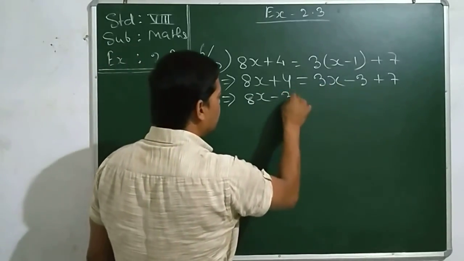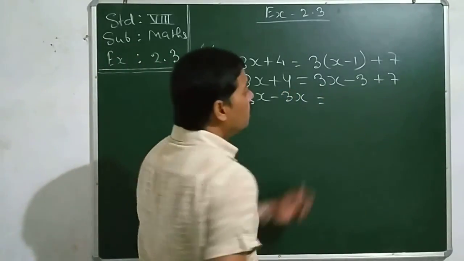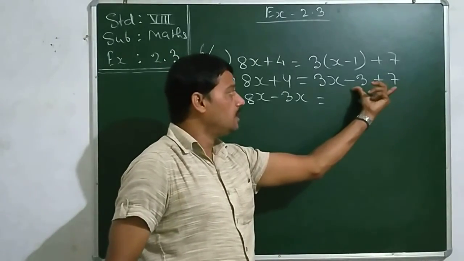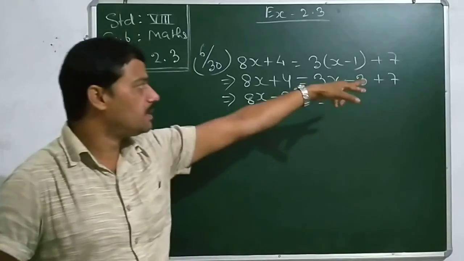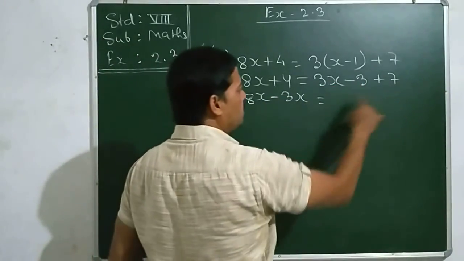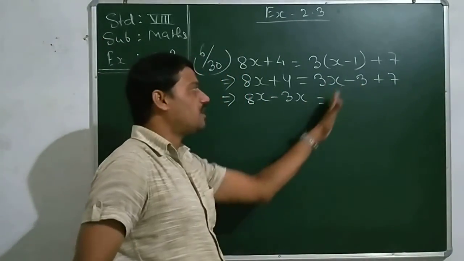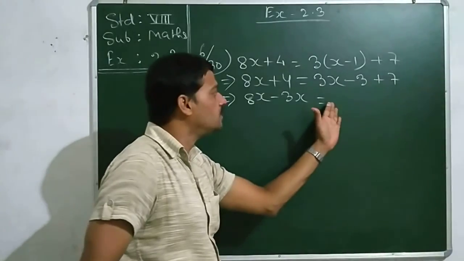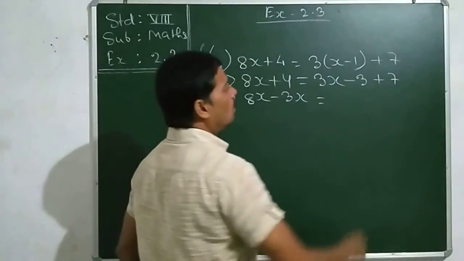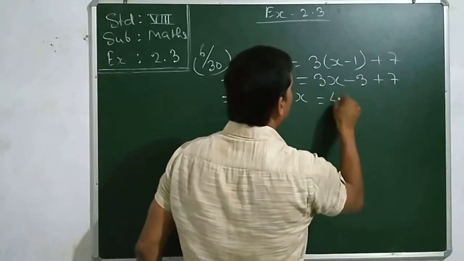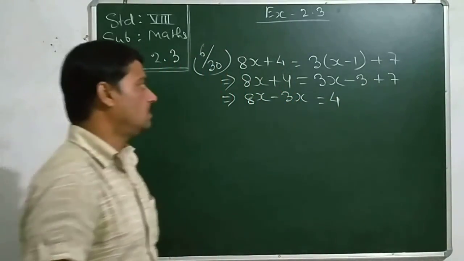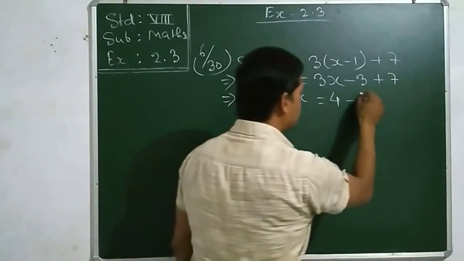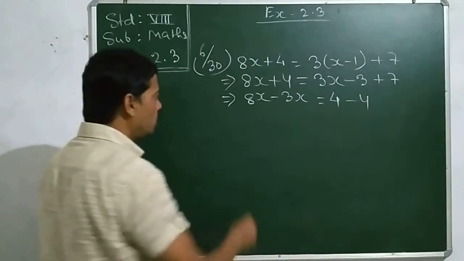minus 3x equal to, calculate both the numbers, minus 3 plus 7, negative and positive numbers are there, it will be a positive number, so no sign is required as we are writing it first after the equal sign. So positive 4 and this 4 will turn negative. 4 minus 4 in the RHS you got, right?